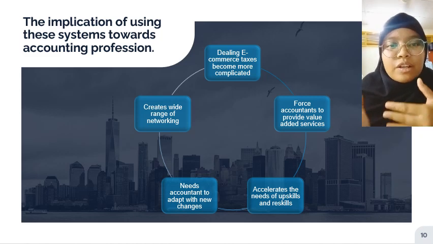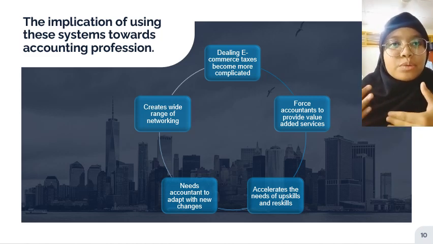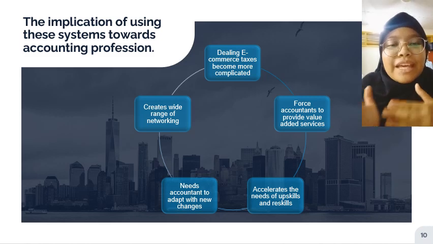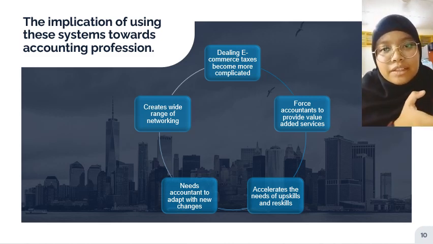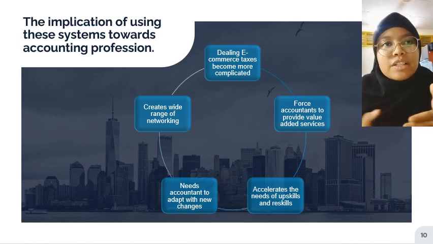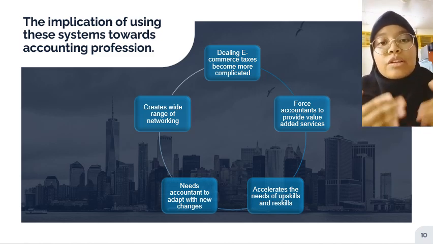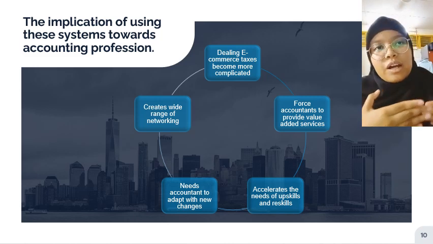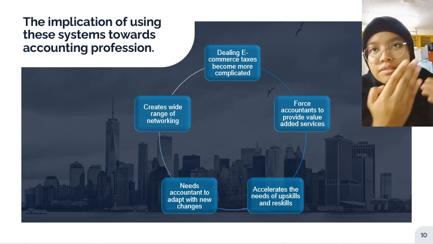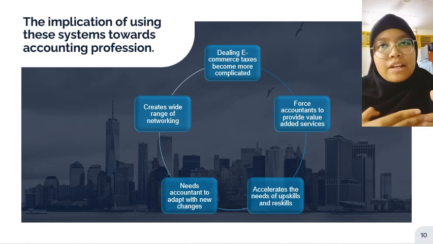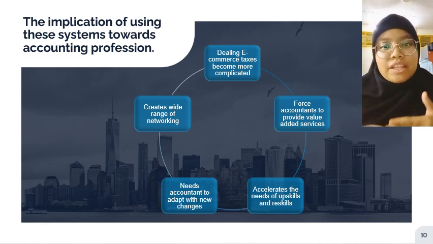But after the e-commerce is established, they have to be adept at those kinds of changes in order to maintain and become competent with the changes that have occurred recently.